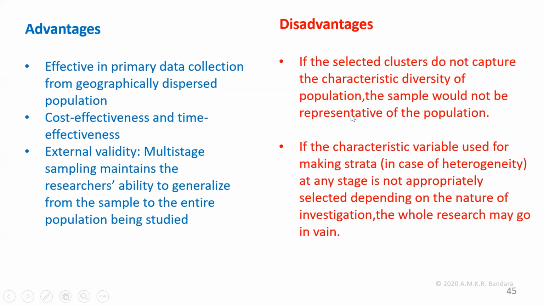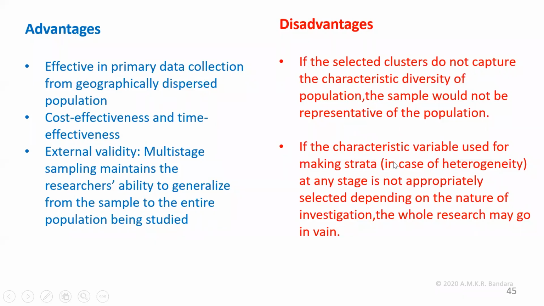For example, if we selected only the southern province and avoided the central province, and the southern province individuals do not represent the characteristics of the central province, then the selected sample will not be representative since we avoided the central province farmers.